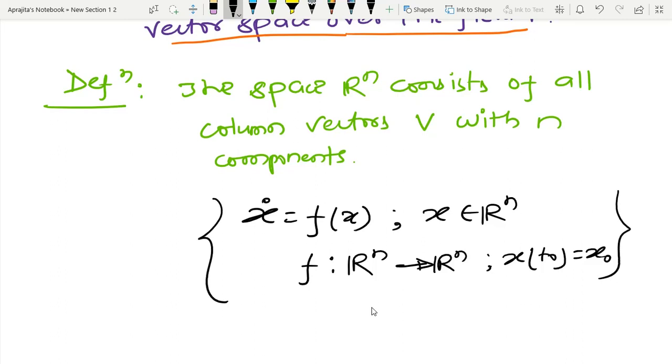So this is the representation of an autonomous system, and basically this system evolves in n-dimensional space.